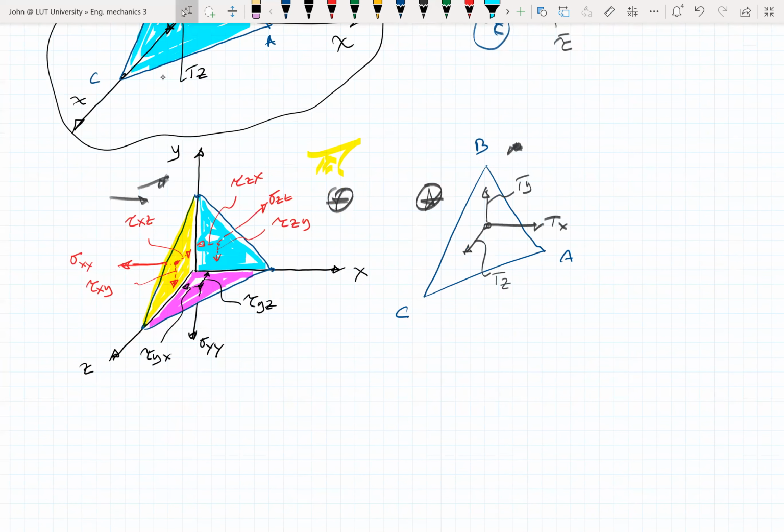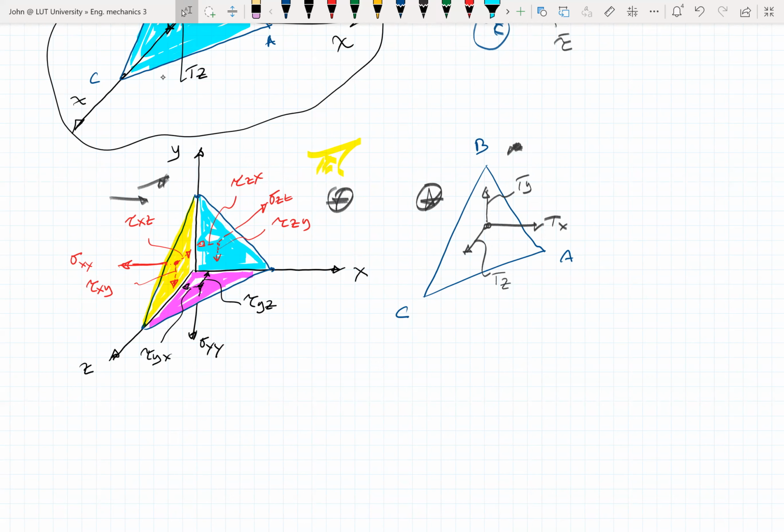Now, if I try to get the equilibrium equations for this piece of cube, I believe I have all the stresses acting on this piece of element. And all these stresses are represented in the Cartesian coordinates.